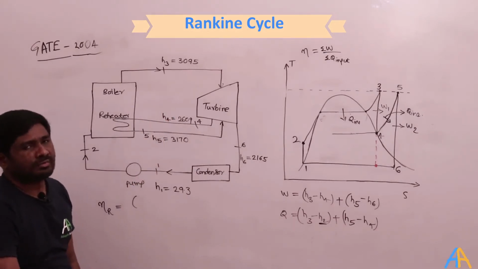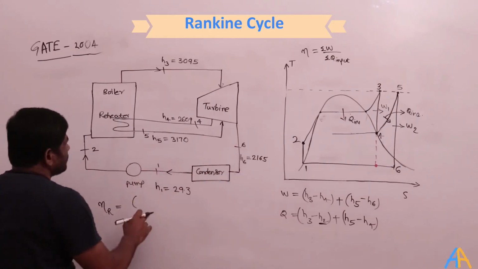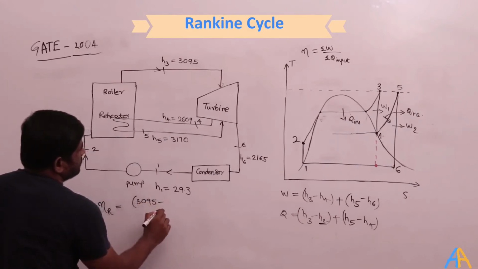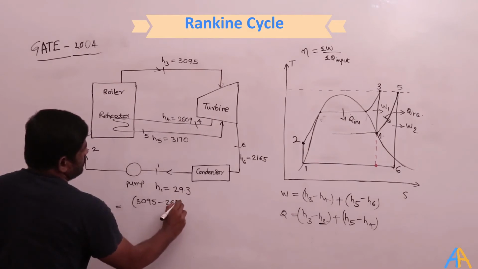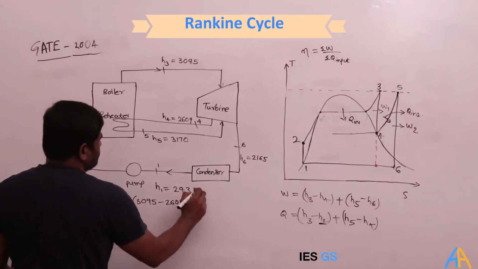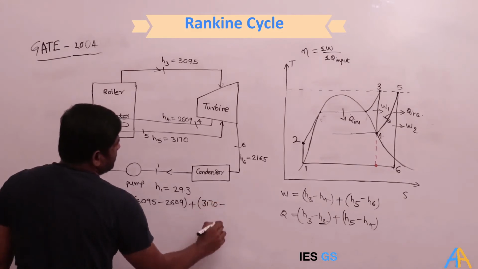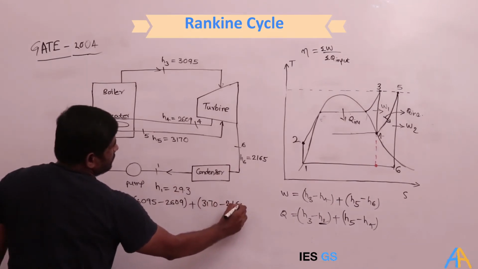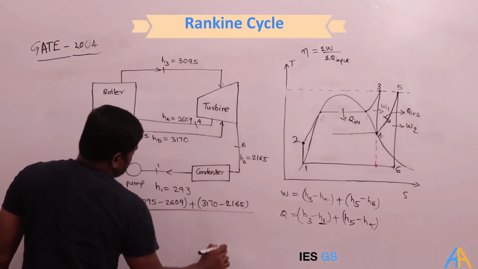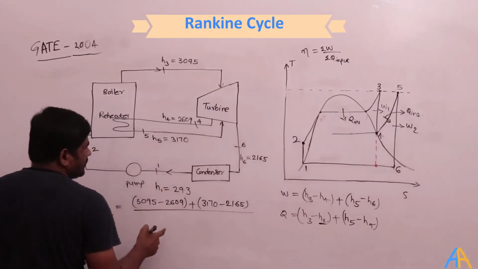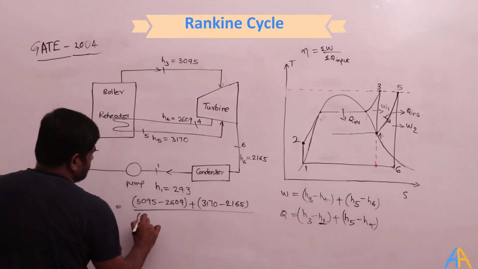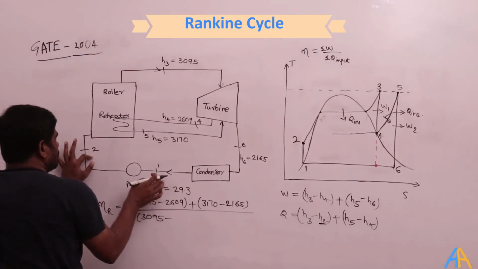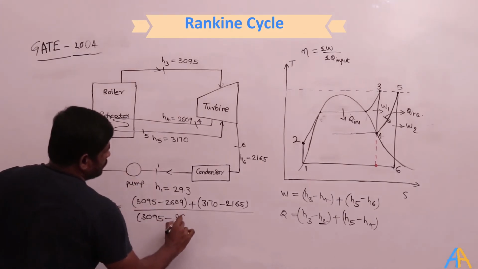That only comes with practice, which is why I have drawn it. H3 is 3095 minus H4 which is 2609, plus H5 which is 3170 minus H6, where H6 is 2165, whole divided by H3, 3095, minus H2. This is H2, but pump inlet and exit are the same here, 29.3.